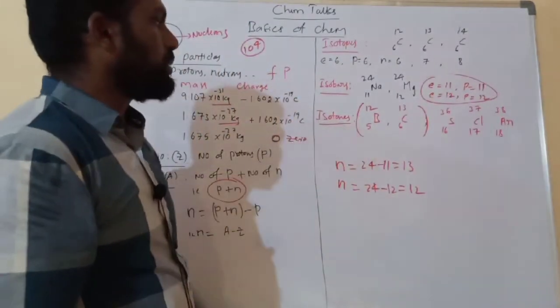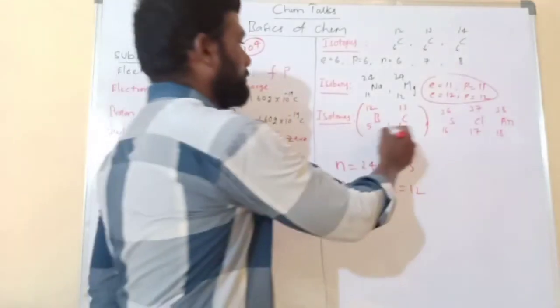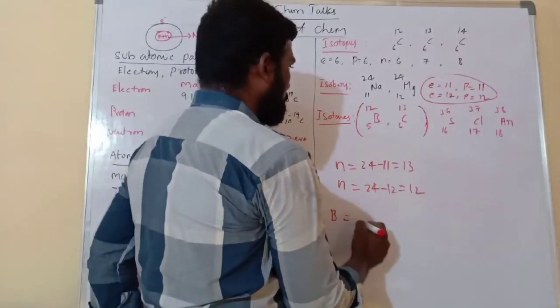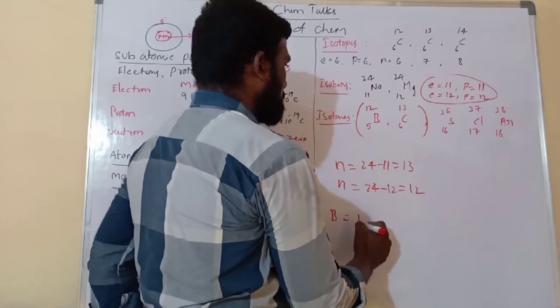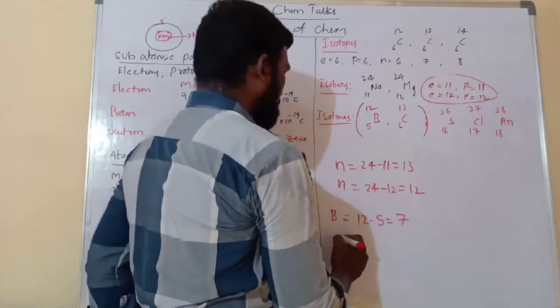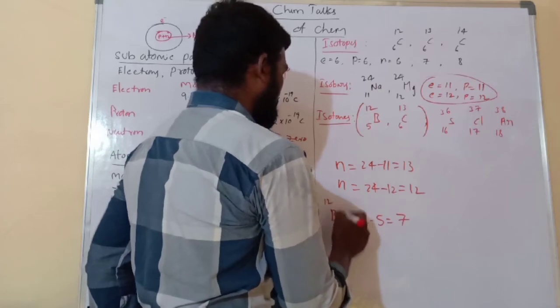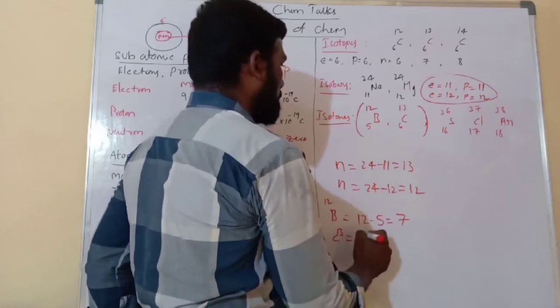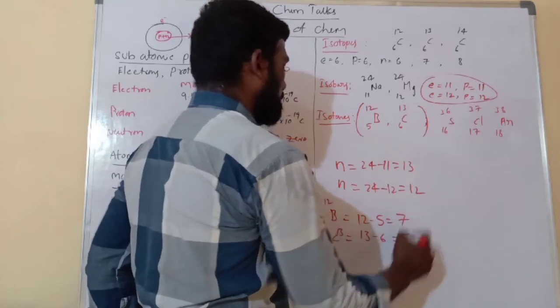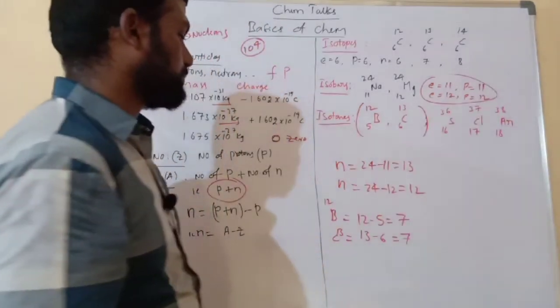Now let's find the number of neutrons in both of these. So first in boron, number of neutrons are 12 minus 5, that is 7. In carbon 13 isotope, number of neutrons are 13 minus 6, that is 7.